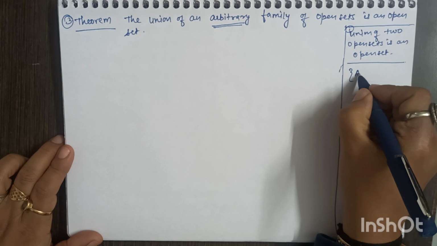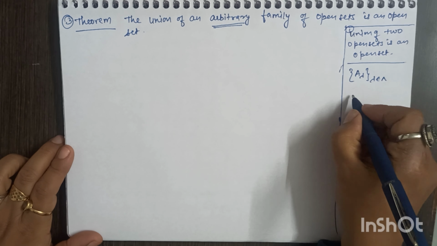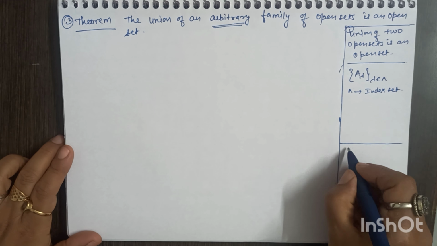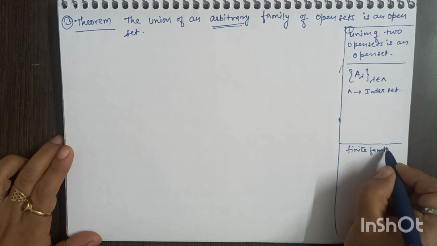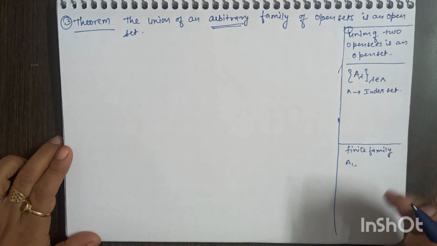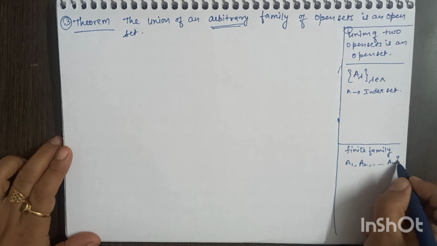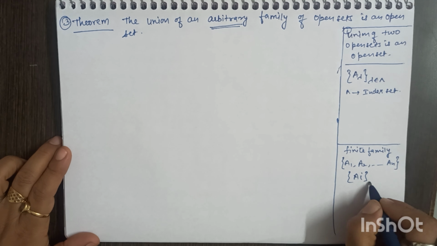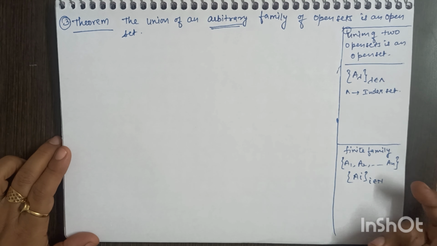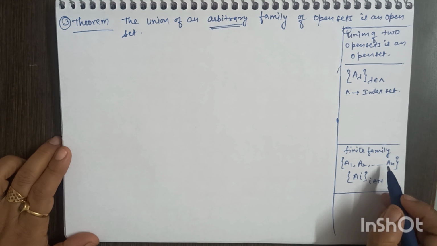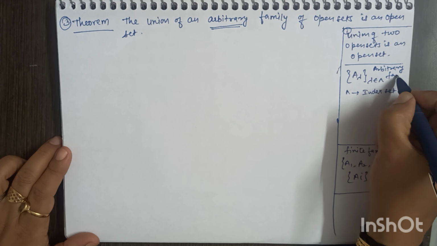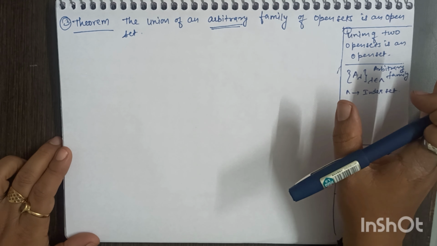So one kind of family we have is an arbitrary family. This is A lambda, lambda belongs to index set. This symbol is of the index set. Another family is a finite family. A finite family is sequential terms a1, a2, ..., an, with i running from 1 to n, natural numbers. It means the collection is fixed. You need to take 1 to n. And in an arbitrary family, you have chosen randomly.